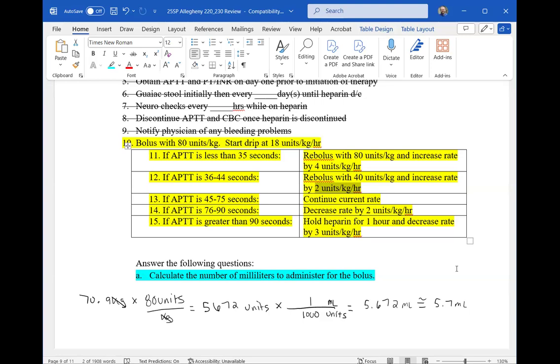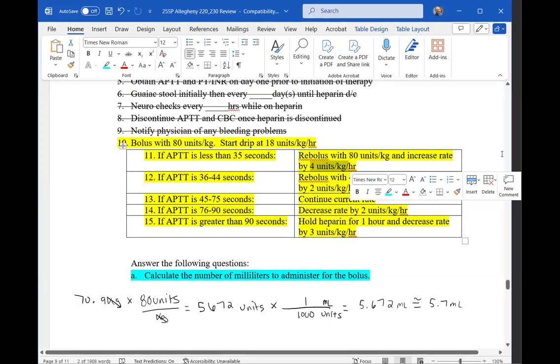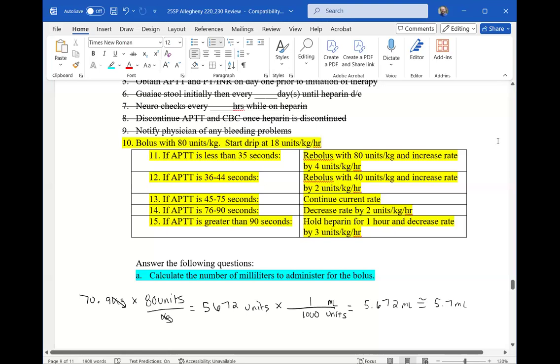So you have to go back to the original infusion rate, 18, add 2, and you get 20. And if we were going through the protocol, if the APTT was less than 35, then you're going to do 4 units per kilogram per hour. So you'd go from 18 to 22, or whatever the previous infusion rate was based off of.